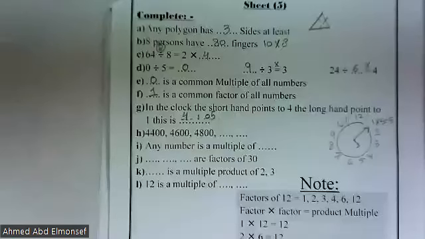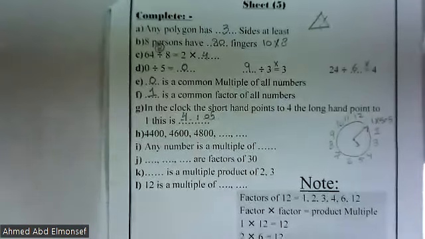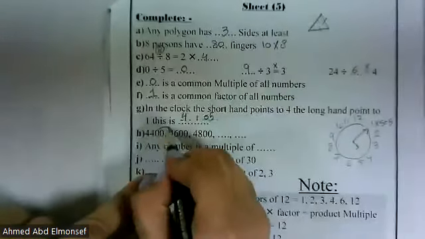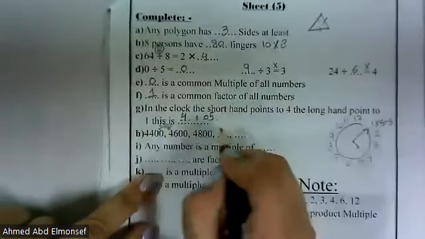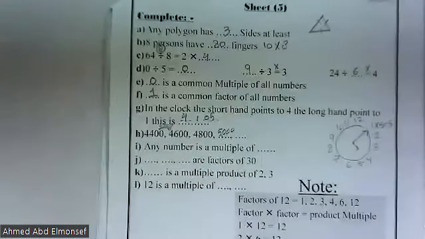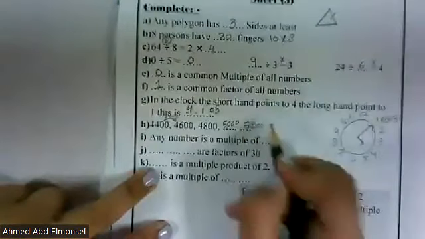Very well. طيب تمام الحمد لله. طيب the next number will be what? Yes, 5,000. Every time we add 200. So it will be 5,000. The next number will be what? 5,200. Right.